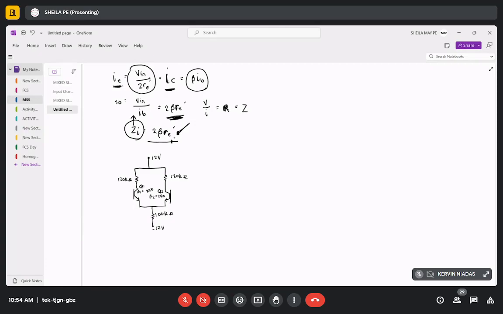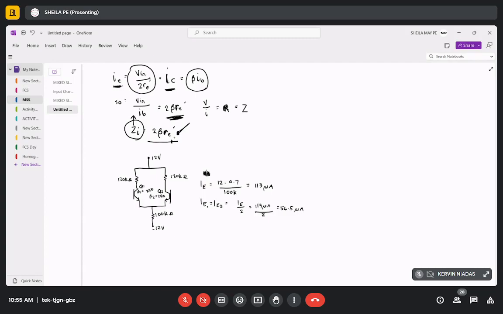Given a DC circuit, doing DC analysis, IE is VEE, which is 12 minus 0.7 all over 100K, which is equal to 113 microamperes, and divided by 2, that's 56.5 microamperes.